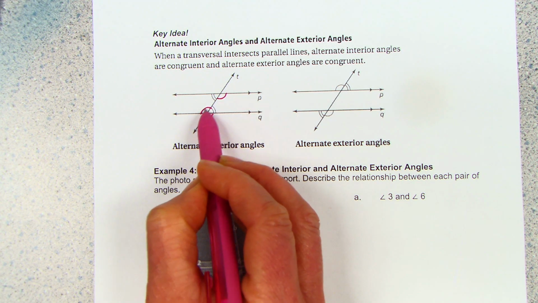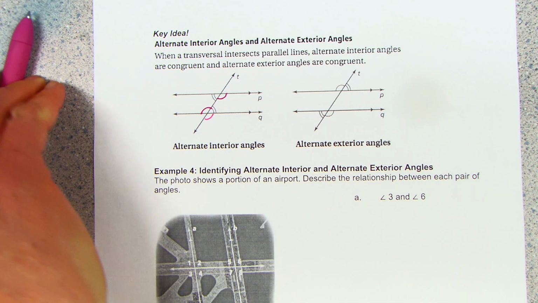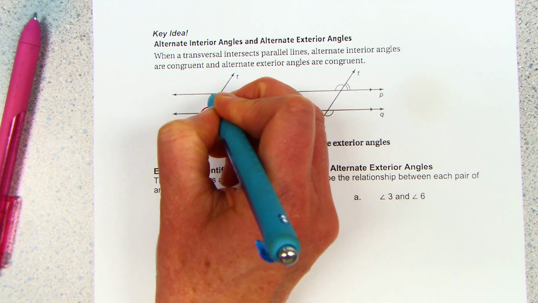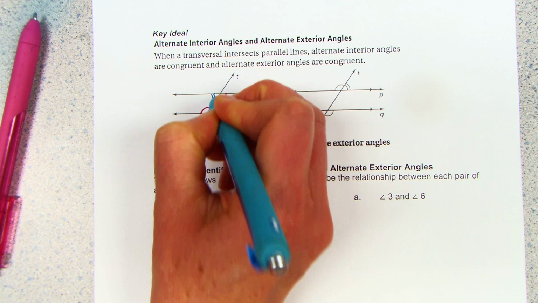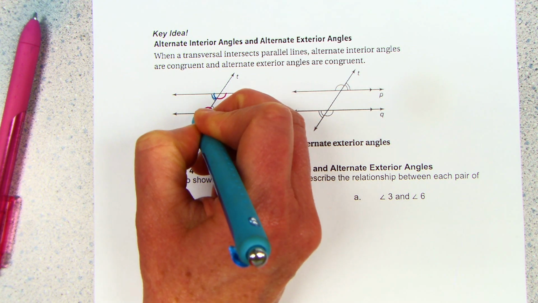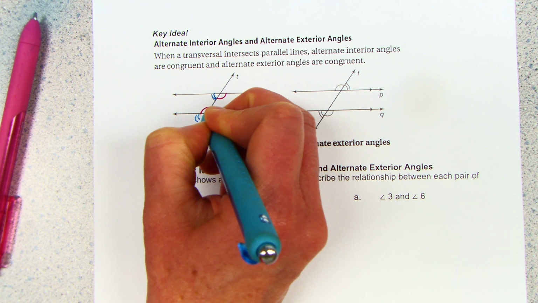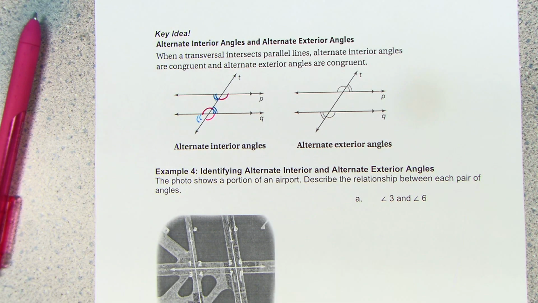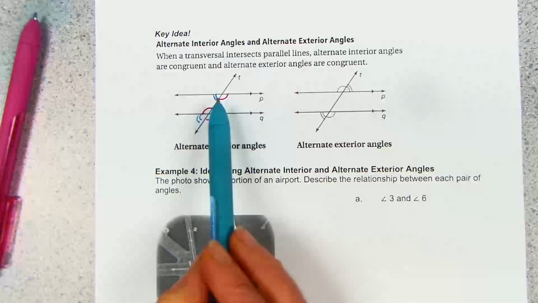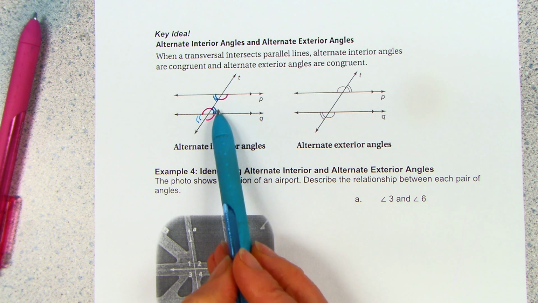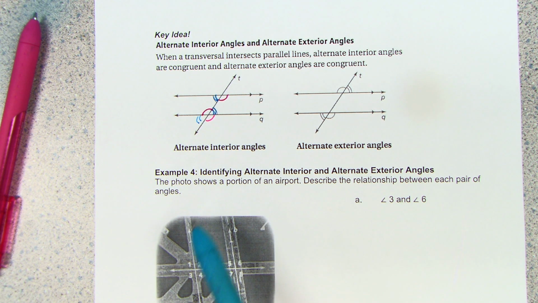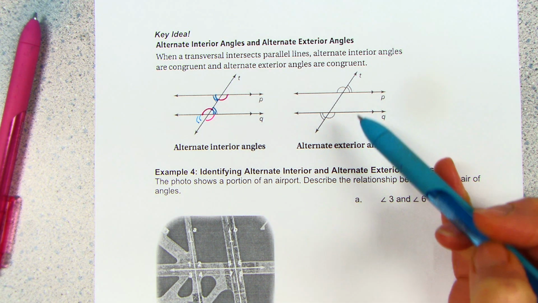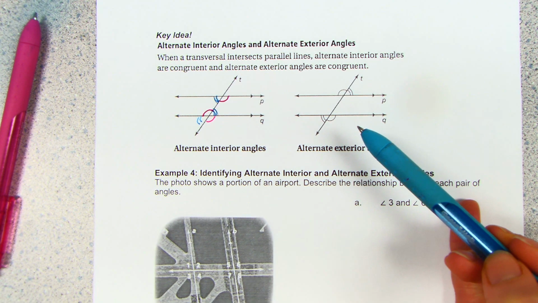So these alternate interior angles are equal. And the other side is true as well. If this angle corresponds to this angle and is vertical to this angle, then these alternate interior angles must also be equal, right? That shortcuts so that instead of having to say corresponding and vertical, you can just say alternate interior angles are equal. And the same reasoning holds true for alternate exterior angles.